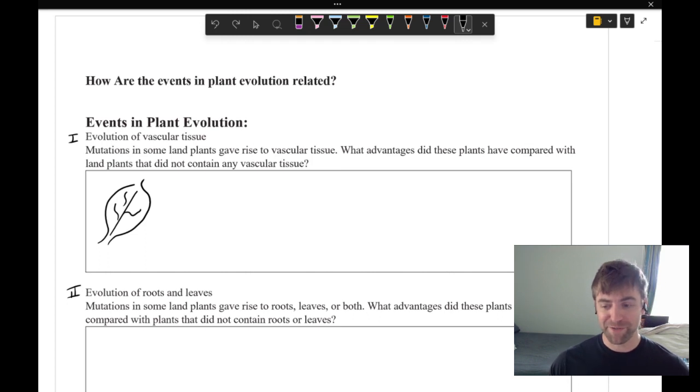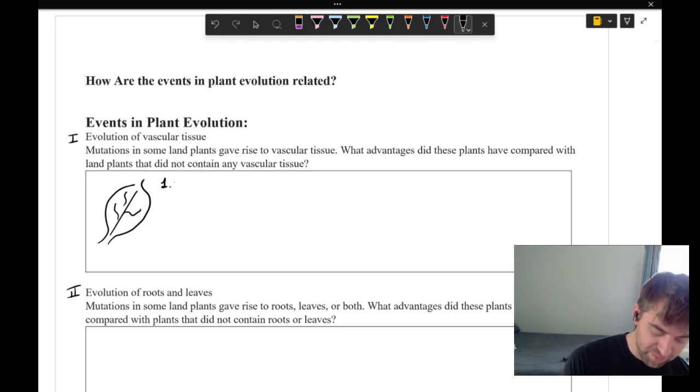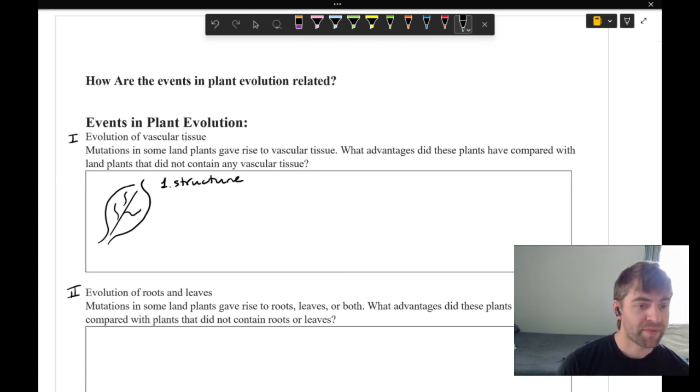One thing that's new, being out of the water, is we no longer have this buoyant force supporting the body of the plant. So the first thing is it provides some structure to support against gravity.